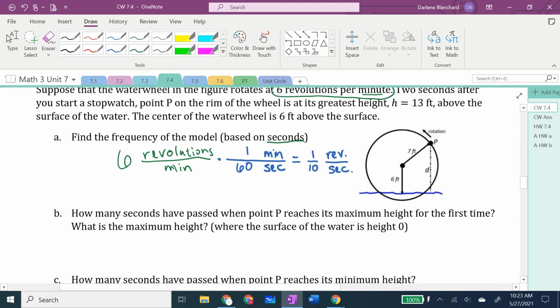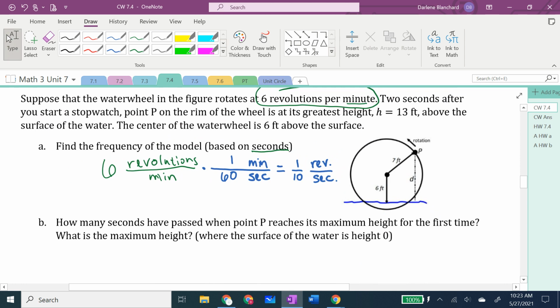Next question. How many seconds have passed when point P reaches its maximum height for the first time? So now I'm going to start with reading the second sentence. This says 2 seconds after you start a stopwatch, point P on the rim of the wheel, there's point P, is at its greatest height of 13 feet.